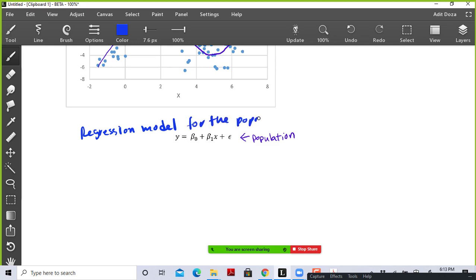For the population you will always see that we have an epsilon here. So this is for the population parameters.